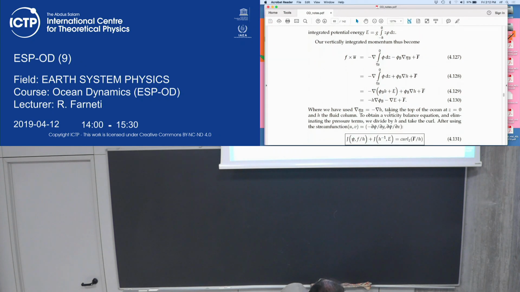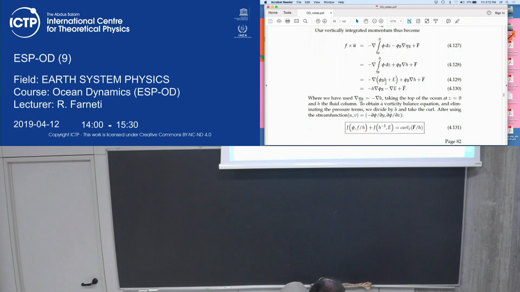Okay. And so this extra term arises because of the fact that the ocean is stratified, and this extra term arises because the ocean is not flat. So the pressure gradient doesn't go to zero after vertical integration.